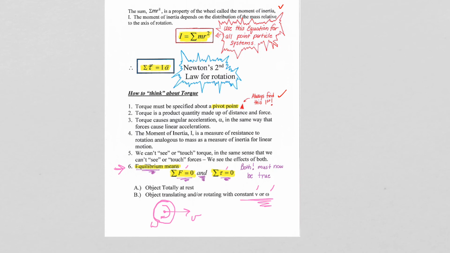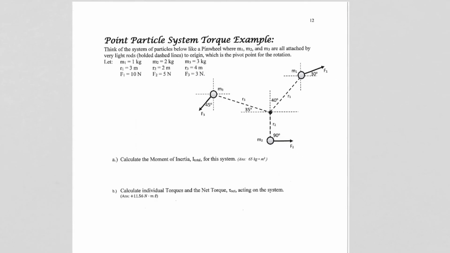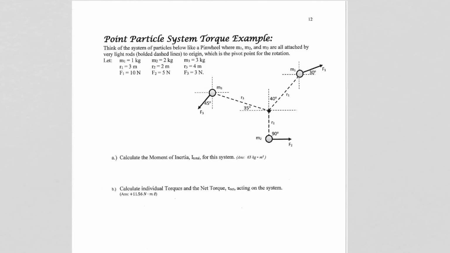The last part of this lesson is for you to get some practice with point particle systems, and as we peeked ahead, here you have a point particle system torque example. So I want you to think of this as kind of like a pinwheel. Those dashed lines connected down here to the pivot point, those bold dashed lines represent the arms of the pinwheel, so they are, for us, going to be negligible mass.